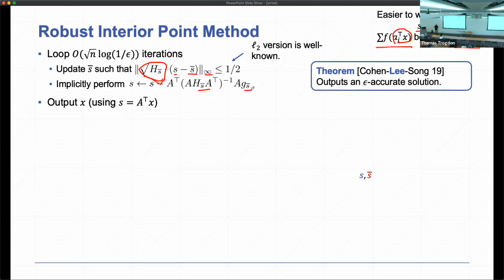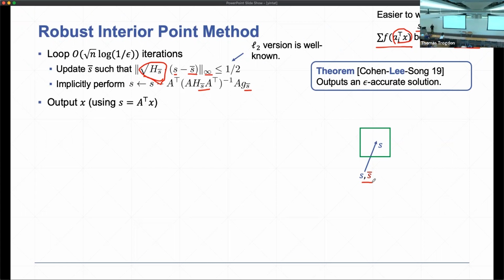And why is this S bar very useful? Imagine at your current step, S and S bar are here, and then you do a step: you compute the gradient and Hessian at your current S bar, it gives you some direction, then you move S there. But then in the next iteration, we can choose an S bar that is a multiplicative approximation to S. Namely, you just need to find some S bar inside this hypercube.